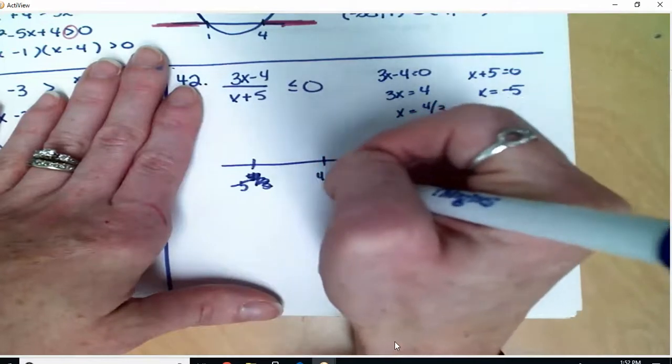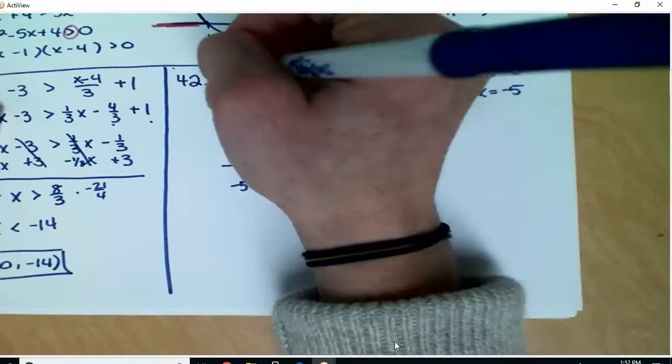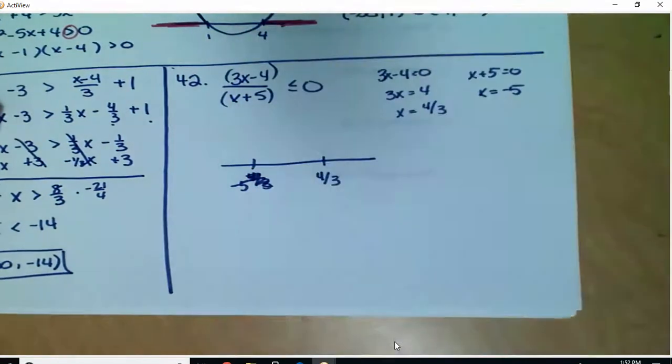Put them on your number line, small to large, so negative 5 on the left. And let's graph this thing. When you graph it, do parentheses around top and bottom.